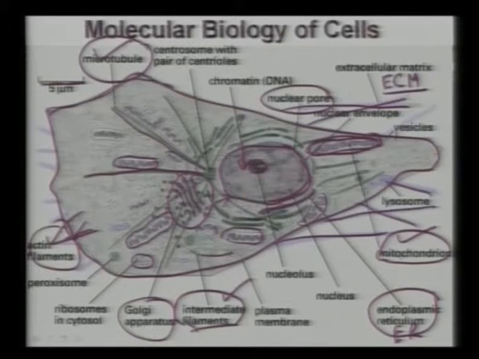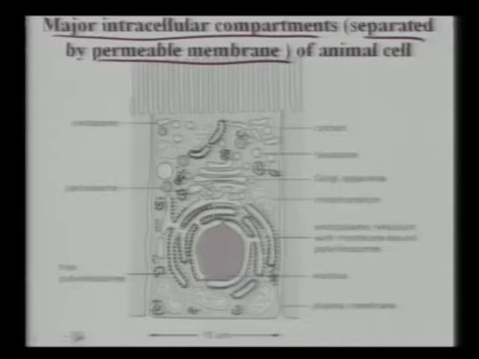Similarly, all these cellular organelles are also enclosed by some membrane. The nucleus, another important cellular organelle, is also enclosed by a nuclear membrane. So that is what is meant here, that major intracellular compartments are separated by a permeable membrane.